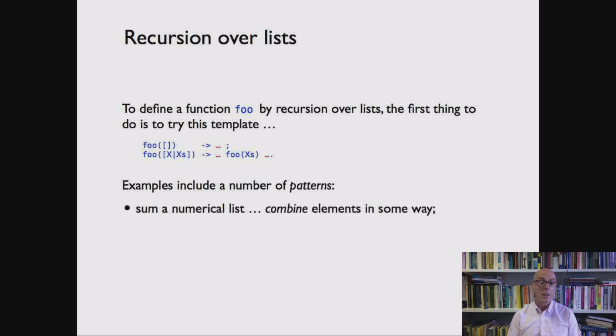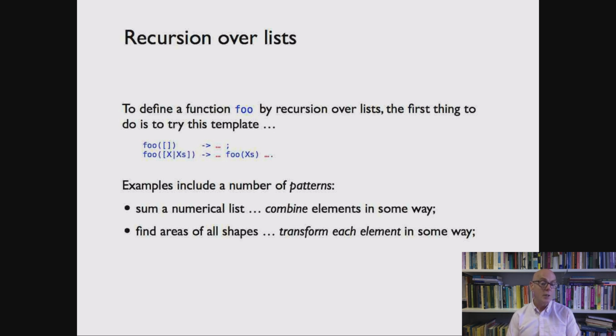We've already seen the idea of summing a numerical list. What we're doing there is taking a list and combining all the elements together. We've seen the operation of finding the areas of all the shapes in a list. So we take a list and transform each element in a particular way.